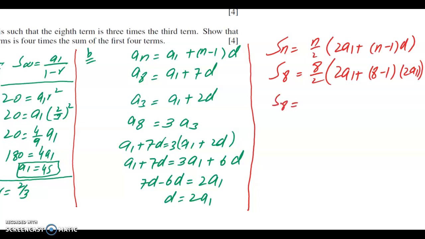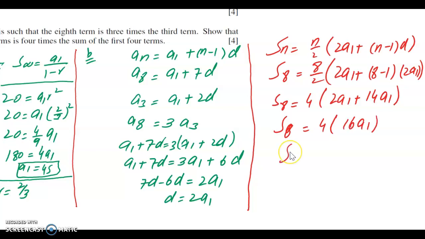That means S8 is 4 times 2a1 plus 7 times 2a1, which is 14a1. So S8 is equal to 4 times 16a1, which means S8 is equal to 64a1.